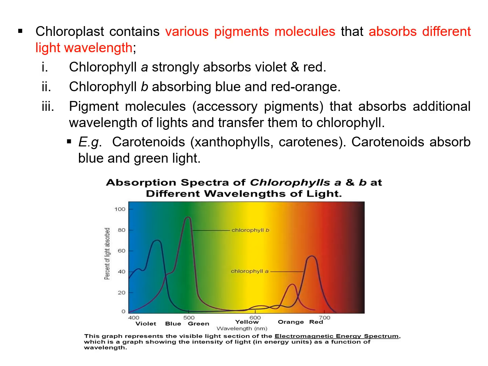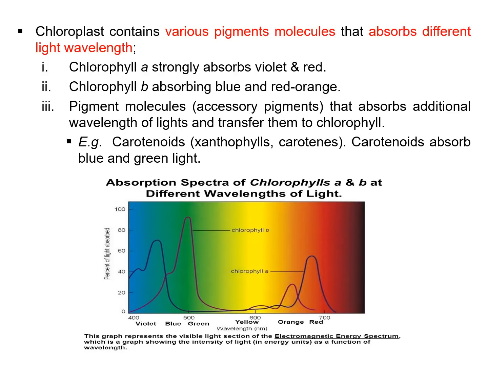Knowing chloroplasts in the process of photosynthesis is very important, especially when we talk about the chloroplast membrane, to be specific, the thylakoid. The chloroplast contains various pigment molecules that absorb different light wavelengths.